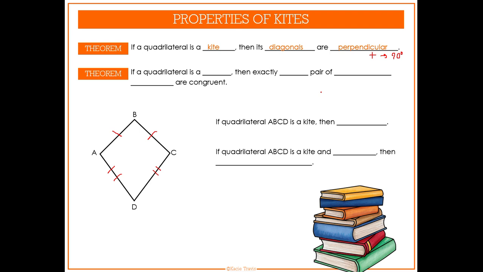Next thing we got, if a quadrilateral is a kite, then exactly one pair of opposite angles are congruent. Now, that may sound confusing because we got about two pairs here that we could look at, but how do we finesse this out? When we look at these sides here, we can clearly see some things.